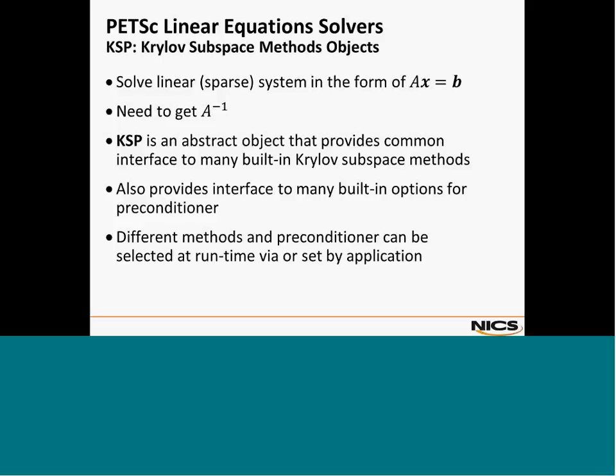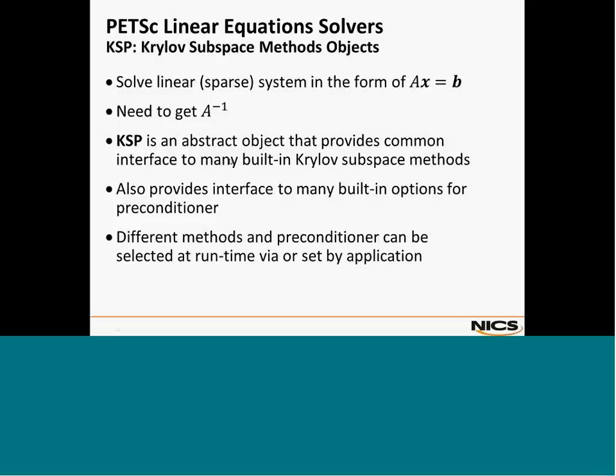So, a quick look at how we use the linear solver. It can solve linear systems in the form of AX = B. So really X is your solution, B is usually the boundary condition, and A would be the operator.